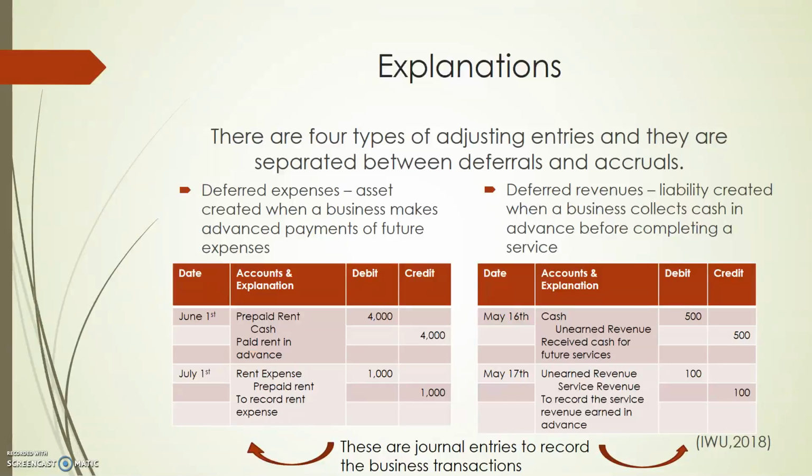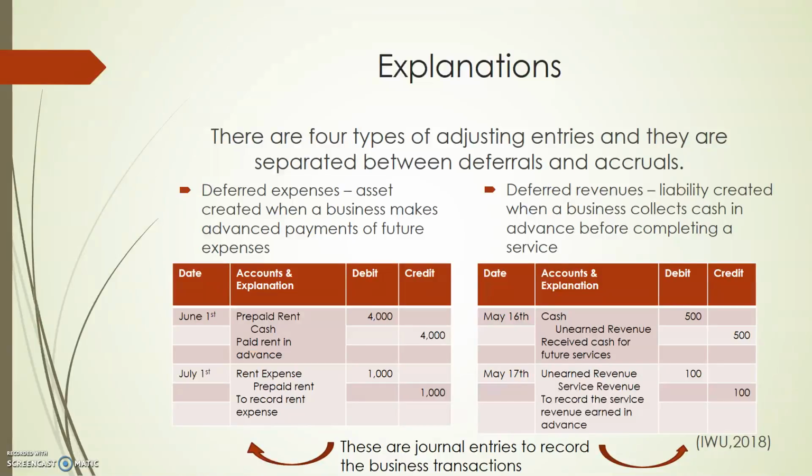Now, the next type of adjusting entry that I'm going to talk about is deferred revenues. That's a liability created when a business collects cash in advance before completing a service. An example of this would be when a family wants to pay $500 ahead of time to get their grass cut 5 times.